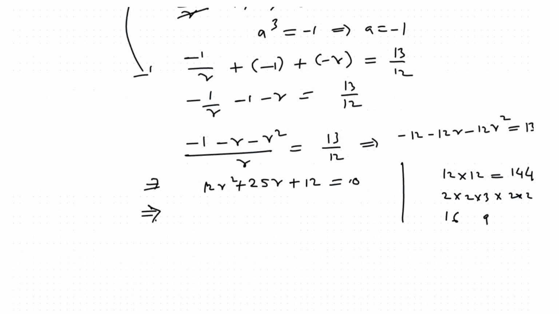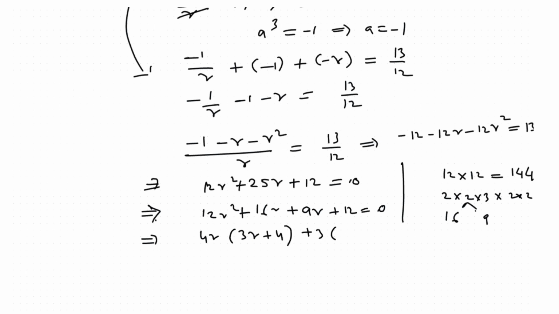So you can write this as 12r square plus 16r plus 9r plus 12 equal to 0. We can take 4r as common. So you'll get 3r plus 4, plus 3 common, 3r plus 4.